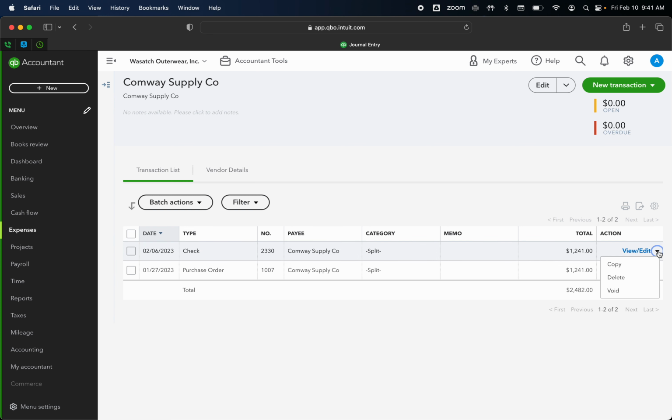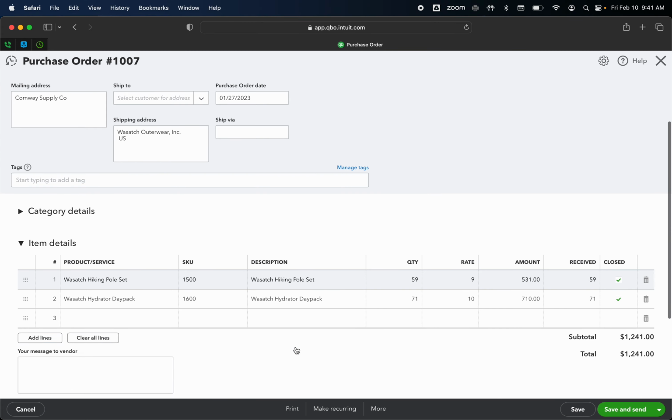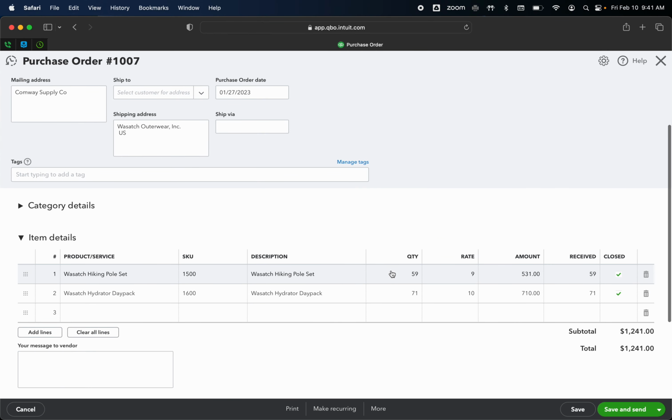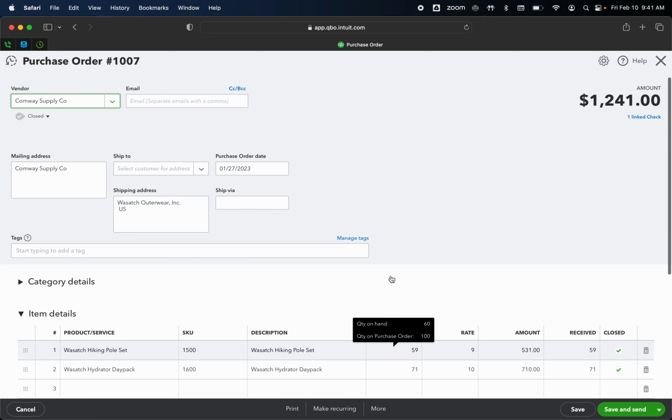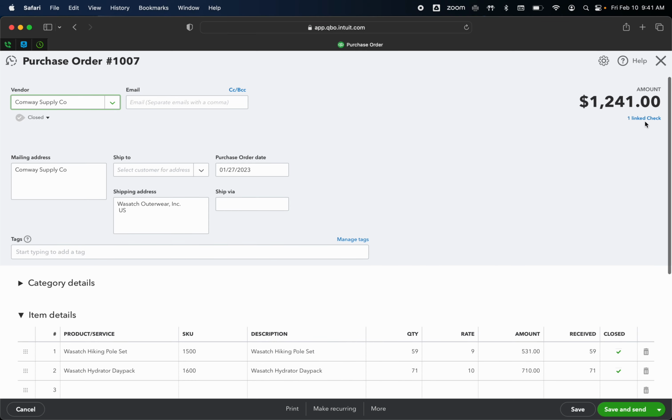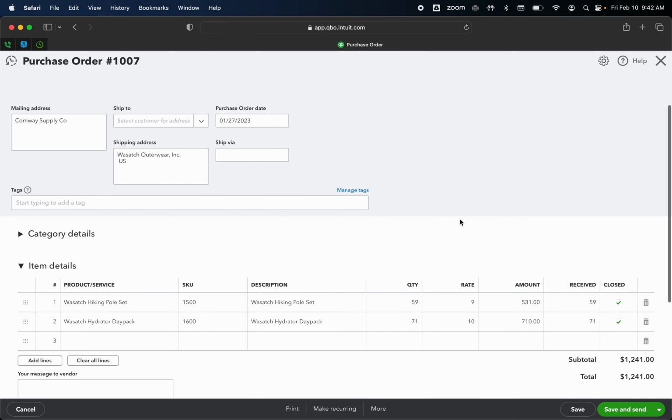So instead of doing a check, we're going to delete that because look at this purchase order. We have these inventory counts that never got put in as a bill and then it get paid by a check.